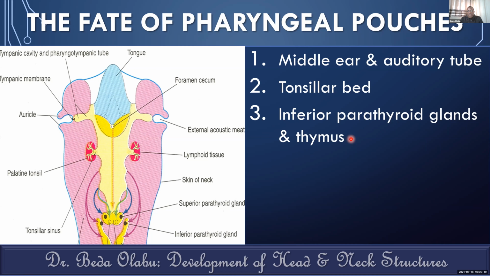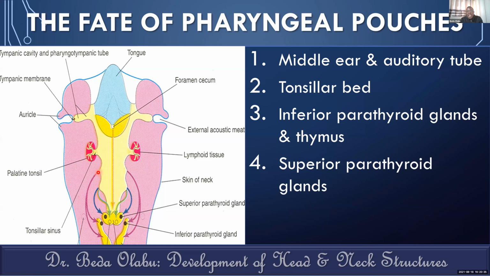So even though this is the third pouch, and we are going to see that the fourth pouch gives you the superior parathyroid glands, even though this is the third pouch, the parathyroid glands which come from it have a longer migratory path. And so they're the ones which will go much down. The inferior parathyroid glands are the ones which will come from the third pharyngeal pouch.